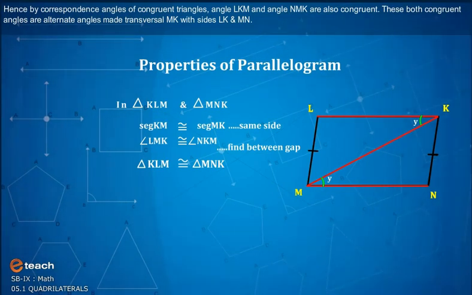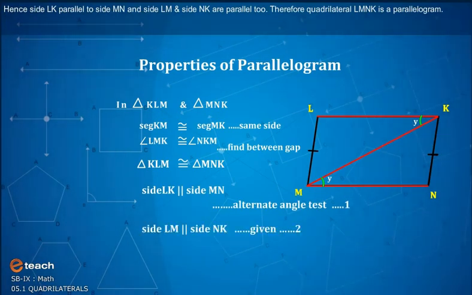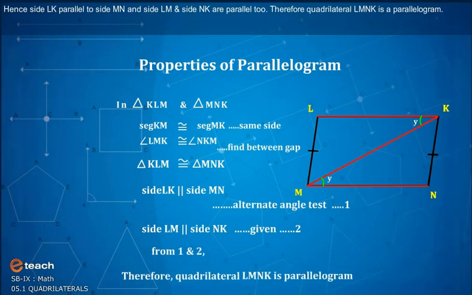These both congruent angles are alternate angles made by transversal MK with sides LK and MN. Hence, side LK is parallel to side MN and side LM and side NK are parallel too.